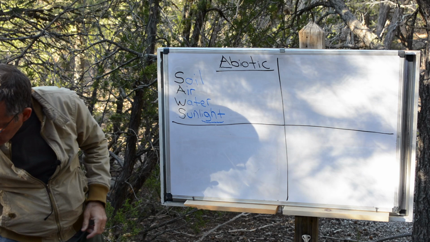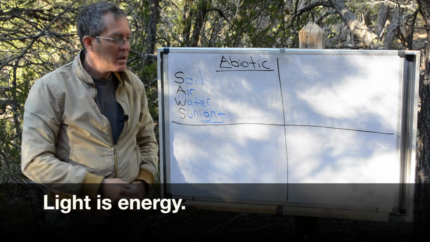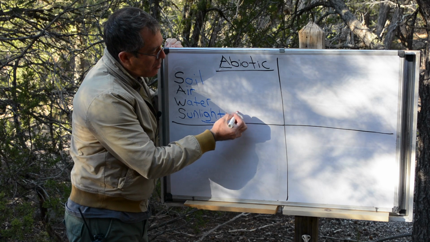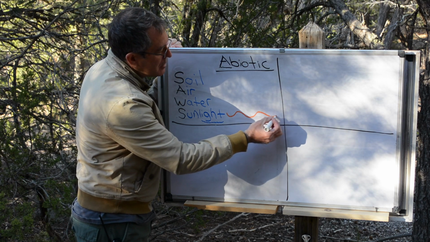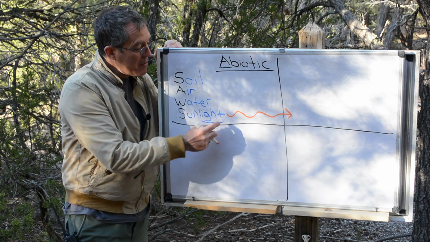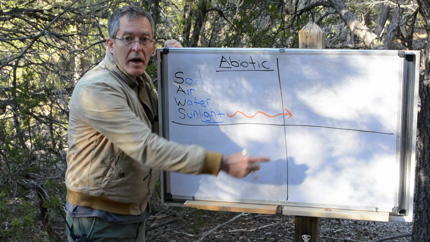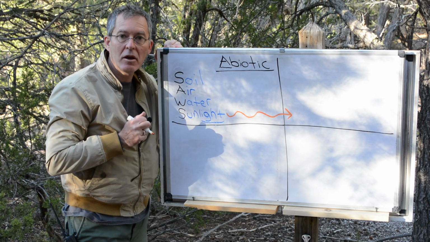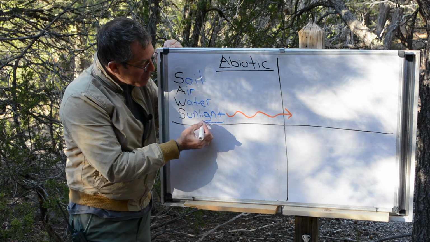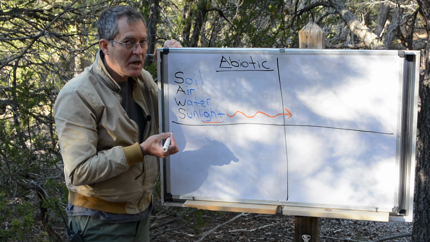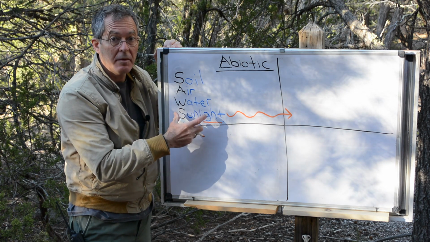Light is energy. So what I'd like you to do is draw a wavy arrow like this into the next box. There's going to be a few wavy arrows like that on this box. It will always mean the same thing, and that's energy. It won't always be light energy, but it will be energy, because the only time it's light energy is right now from the sunlight.